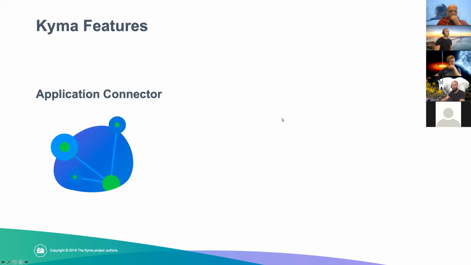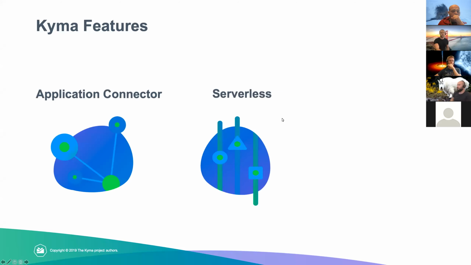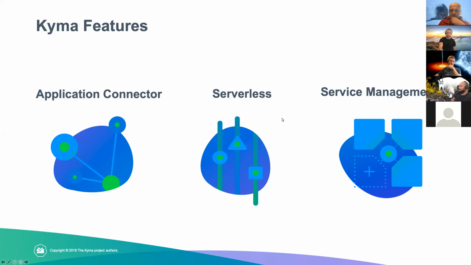Yes. Great. Okay, so basically, you probably know that we have in Kyma 3 pillars: application connector, serverless, and the last one, service management. And service management allows you to consume and manage third-party services, and is also a glue for the 2 first pillars.